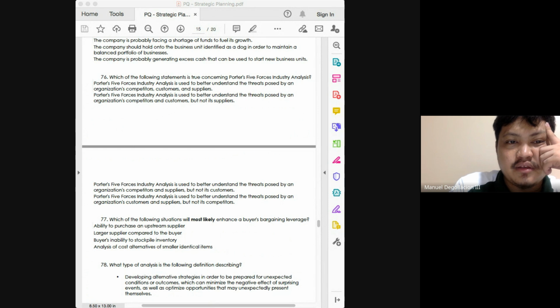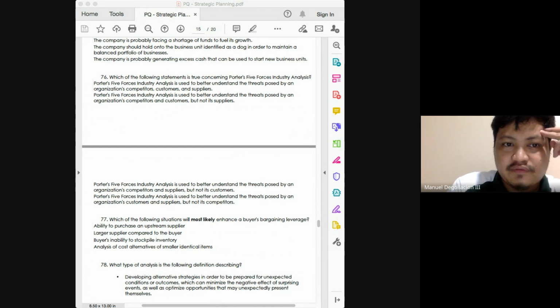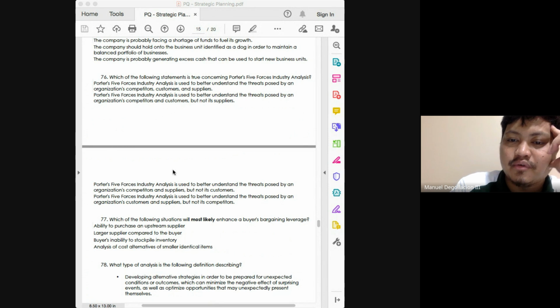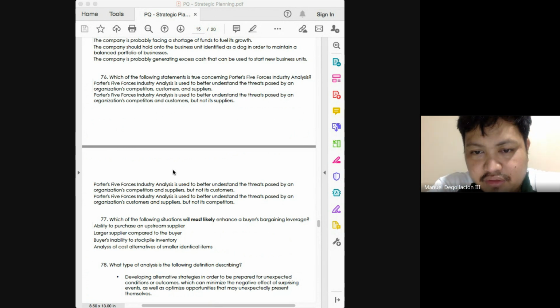Next would be the threat of substitute products or services. Okay, and then the threat of rivalry among competitors. And fourth, you have the threat from the bargaining power of customers. And last would be the threat from the bargaining power of suppliers. Okay, so in case you will be asked what are the Porter's five forces, please make sure to be able to enumerate those five.